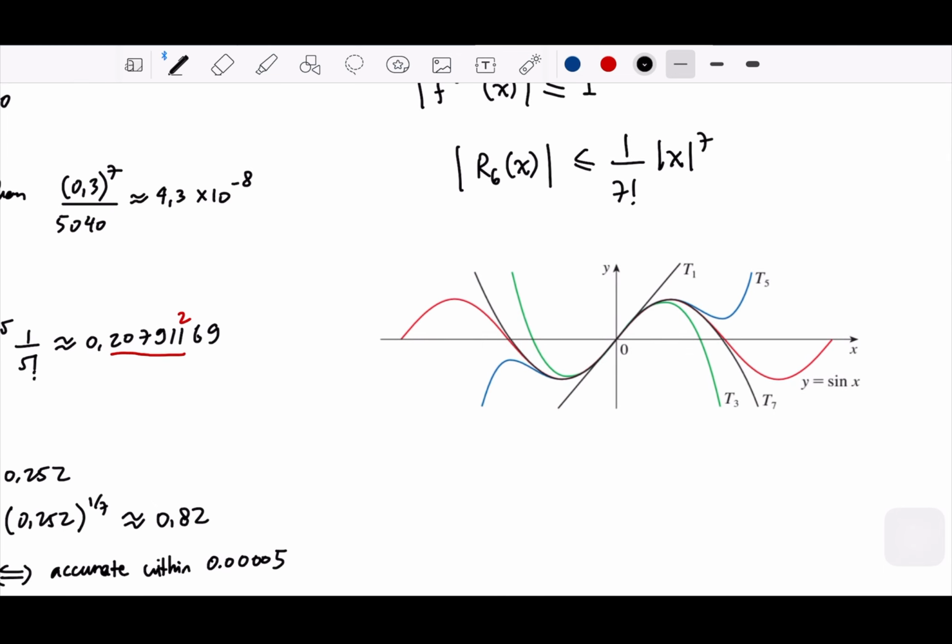So sin x, and then P1, P3, P5, P7, and look here. This is where it's the best approximation. And we know from the example, it should be 0.8 something, right, from the information they give. And I think it's true that near 0, it will be the best approximation. If going a little bit right or a little bit left, there will be a gap between all the partial sums.